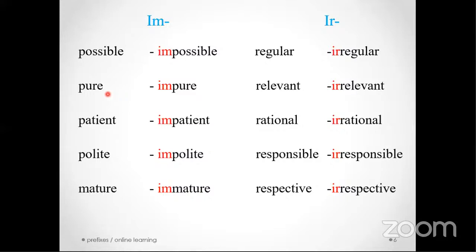Next word, pure, pirisidu. With the prefix, it gives us the opposite meaning, impure, pirisidu nati. Next one, patient. Here the meaning is ivasilivanta, right? It gives the opposite meaning with the prefix im, impatient, no ivasilimat.